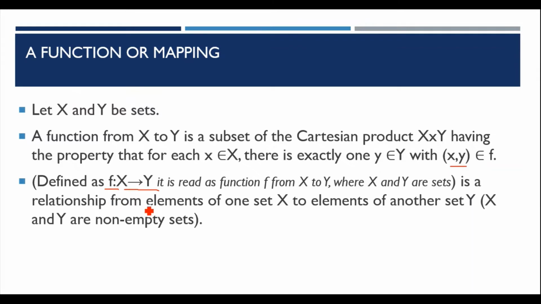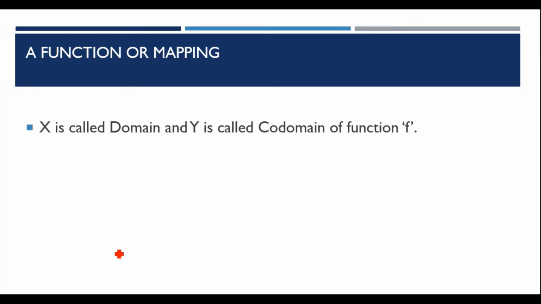This is a relationship from elements of one set, X, to elements of another set, Y. Take note that X and Y are non-empty sets, so be sure that there are elements inside these sets. They should not be empty. X is called the domain and Y is called the codomain of function f. So try to remember this.